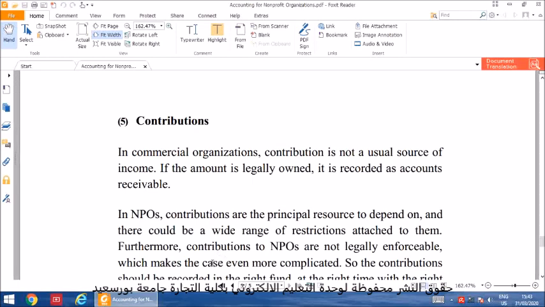Lastly, the last area to differentiate between accounting in commercial organizations and accounting in non-profit organizations: contributions. In commercial organizations, contribution is not a usual source of income.